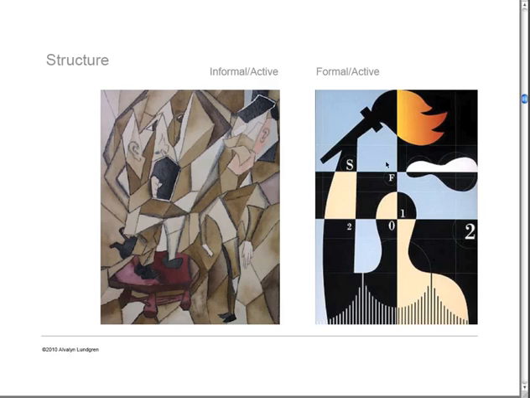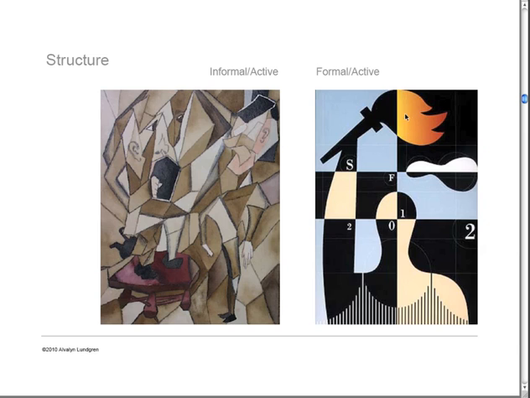So we look at this painting here, we see the structural lines are now active. That space is divided into many facets, basically many different smaller shapes, and then those shapes are colored compositionally, but the structural lines remain visible.